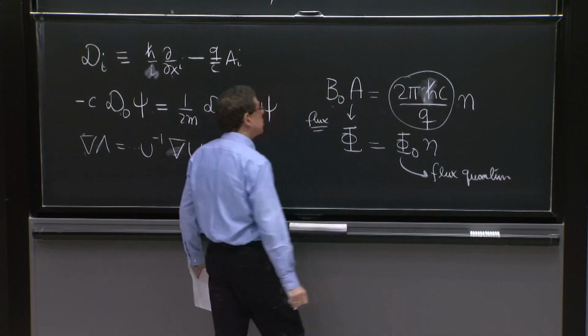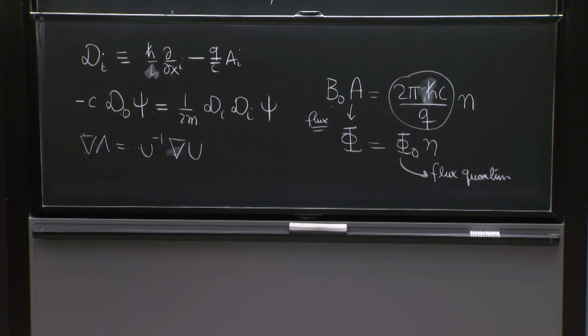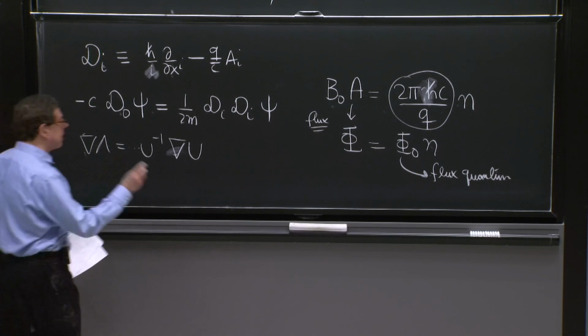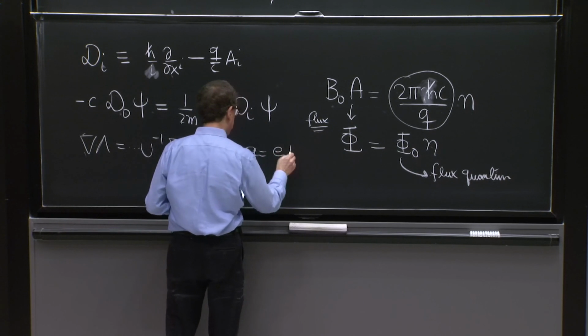This flux quantum is a famous number. In fact, I have it somewhere here, somewhere in my notes. Yes, here it is. Phi naught for electrons, for q equal to e.